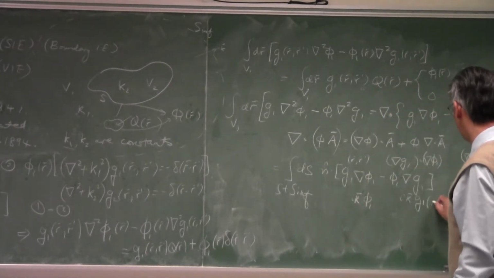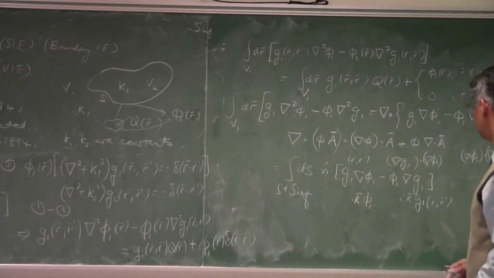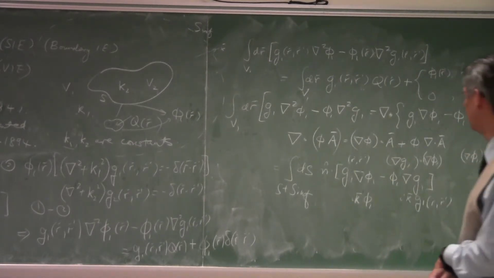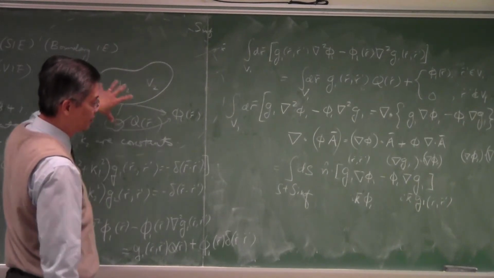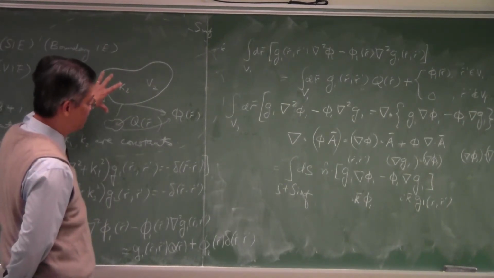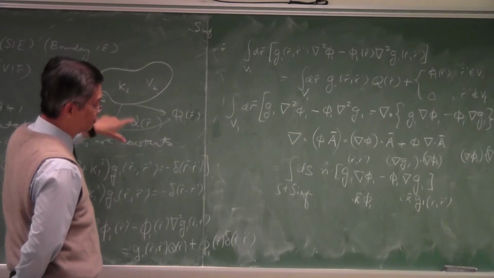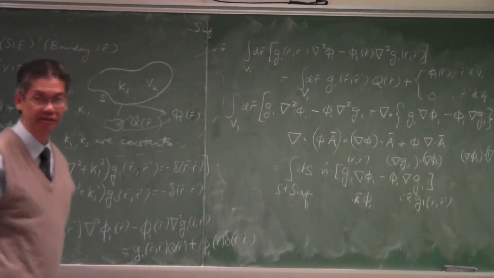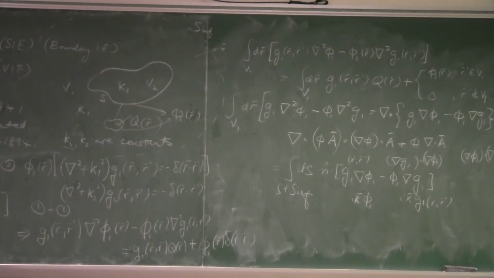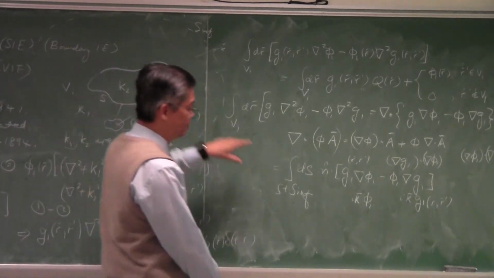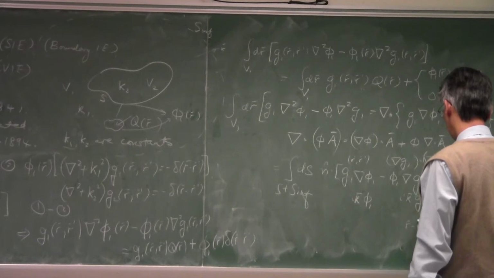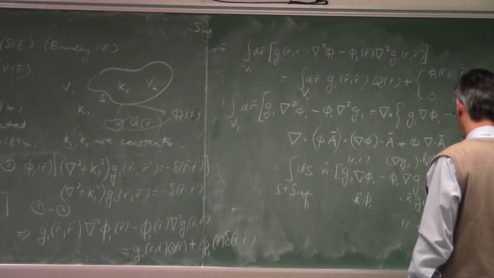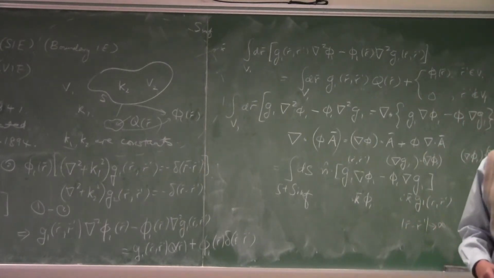Our r prime is going to be someplace in the finite region when we try to solve the problem. Our r is going to infinity as this S is going to infinity. So the Green's function eventually will have r going to infinity.